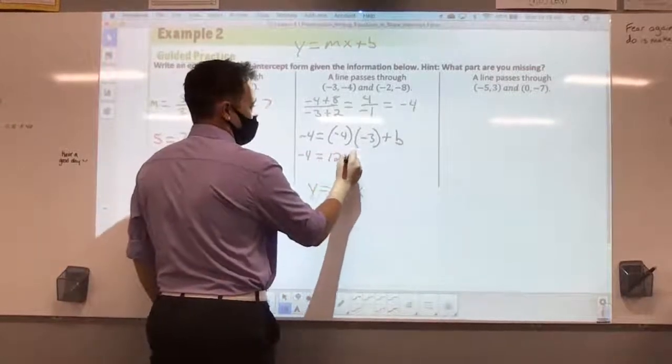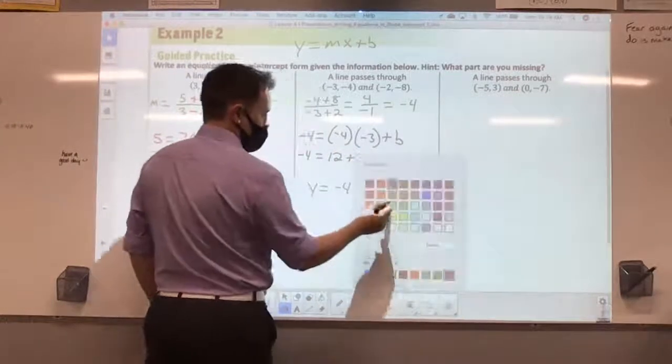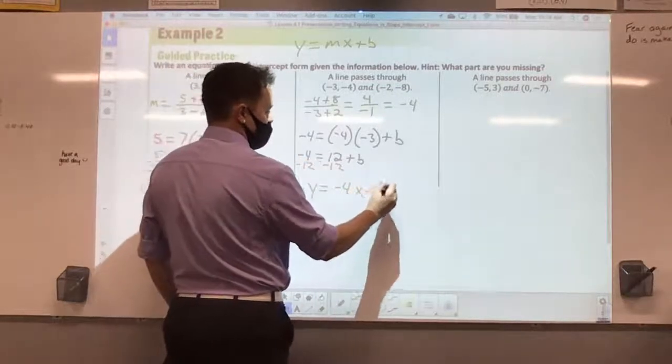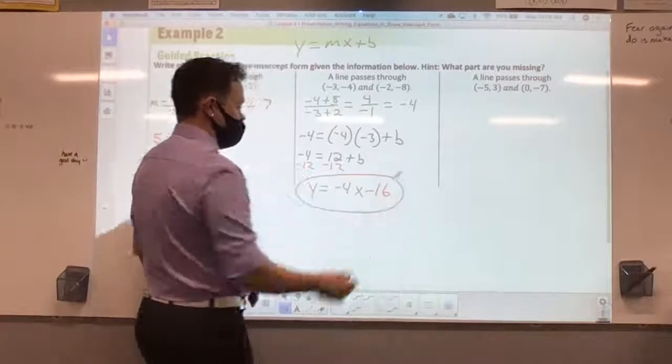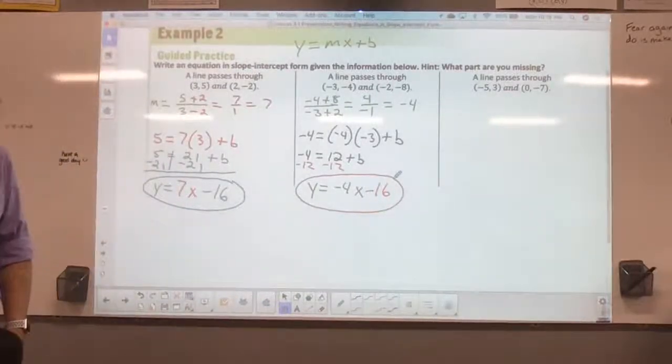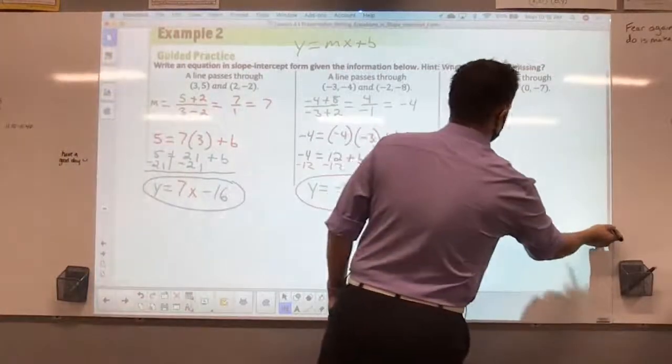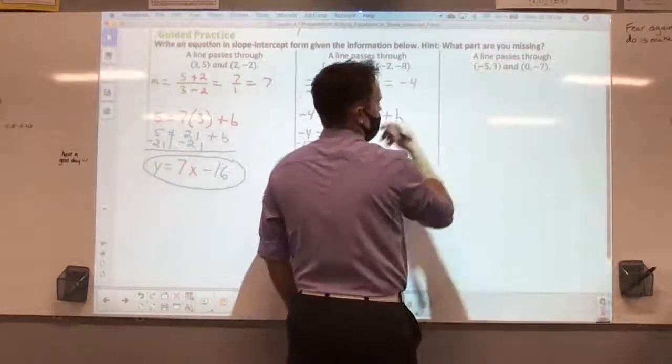Okay, it's 12 plus b, because it's negative 12. And then my last is what? Did you guys get that as your answer? Yeah. And the last one's the same way. Now this slope is easier, so I'll put the 3 on the front side.